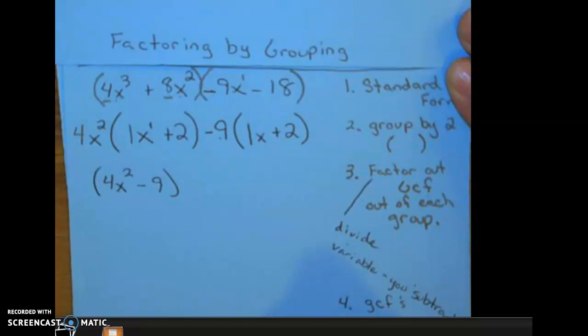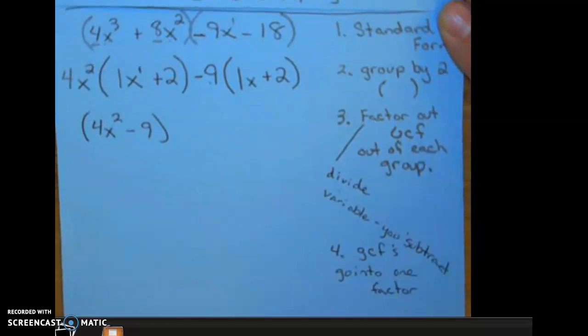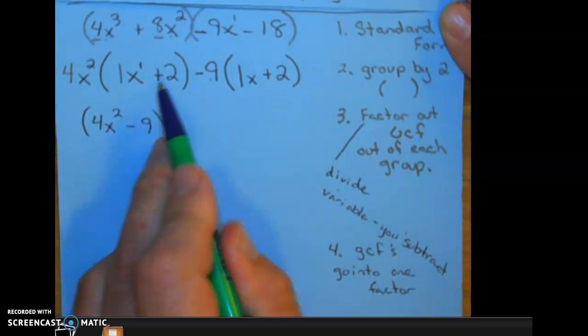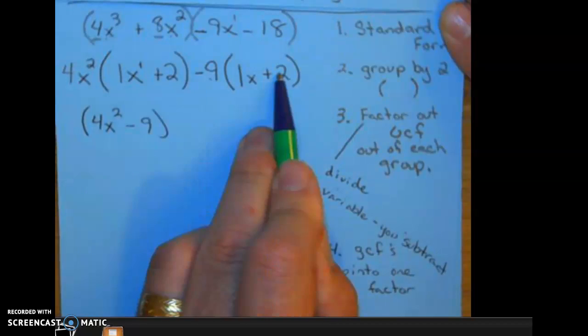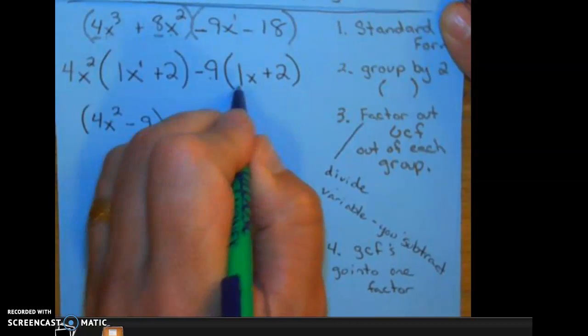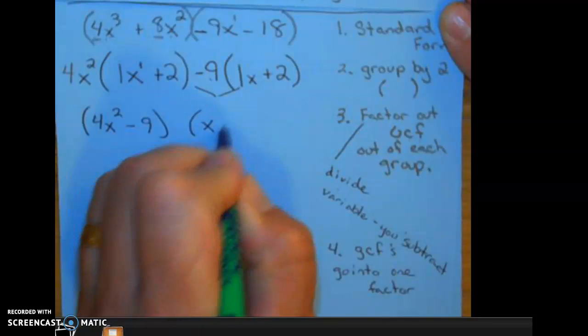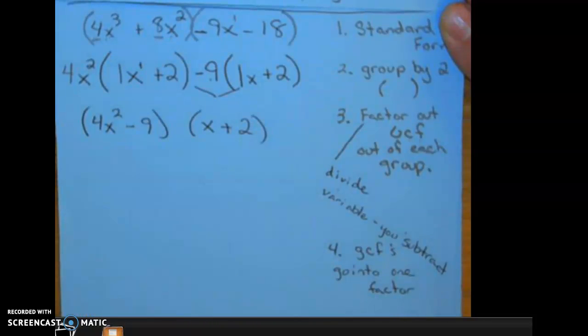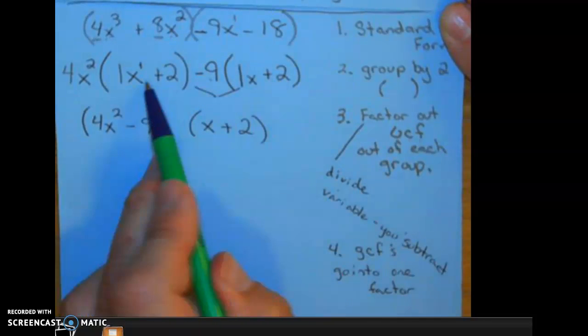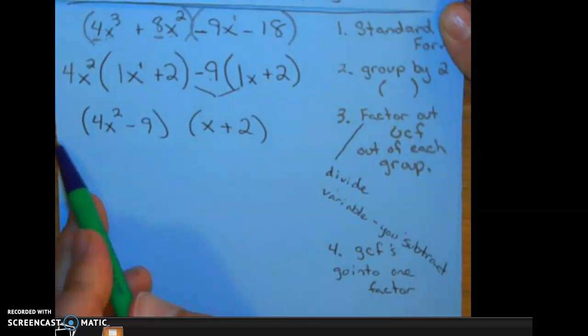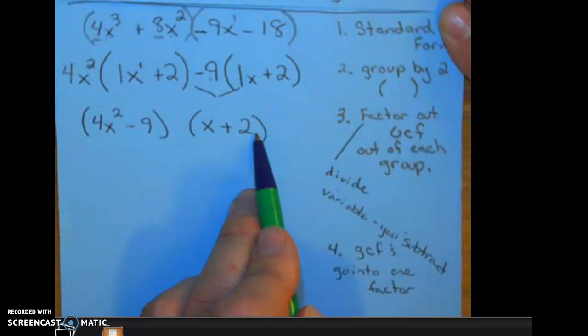I know this is a little bit confusing, but I'm doing the best that I can. These two go into one, and these are the same, so they just come down and make their own factor. Basically what we're doing is factoring out an x plus 2, which you could put first or second, it doesn't matter.